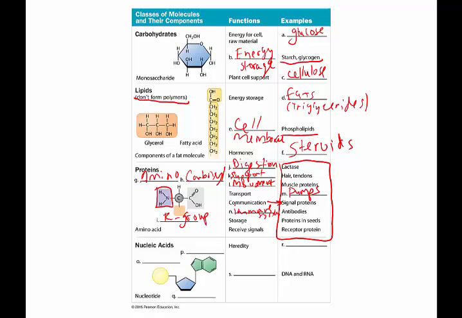Okay, so the last row here we have is nucleic acids. Again, just like proteins, it has 3 blanks for us to label the parts of a nucleotide. So O, remember there's a phosphate group. We have a sugar. And then lastly, we have a nitrogenous base.